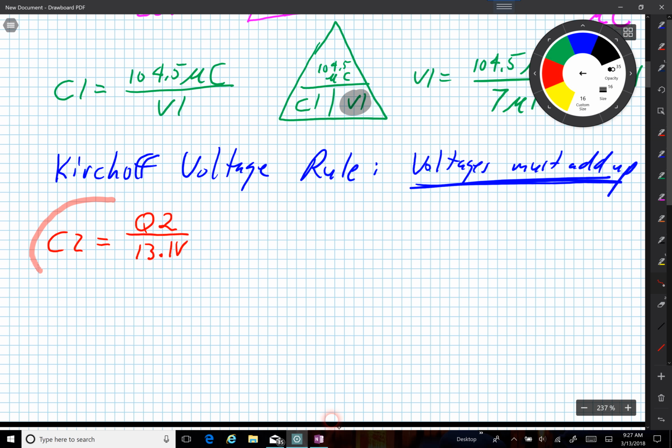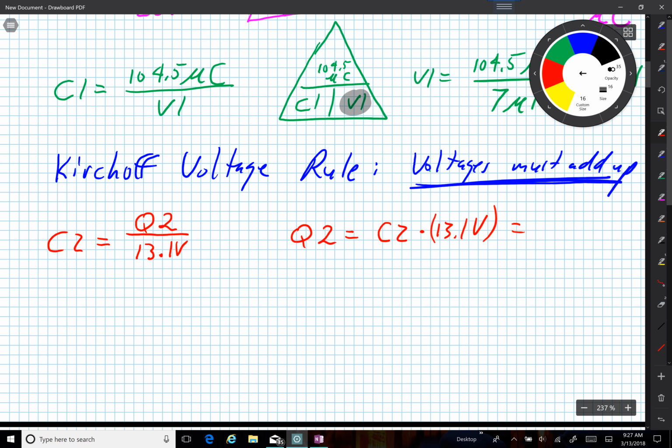This is the equation that applies to C2. And what I don't know is Q2. I don't know the charge. So Q2 is again C2 times 13.1 volts.